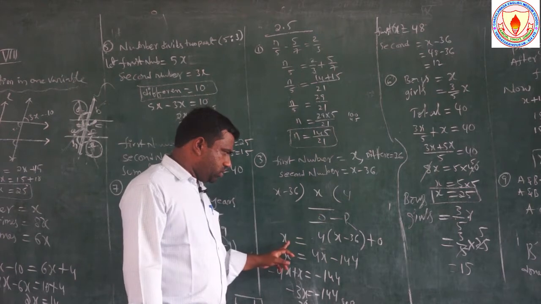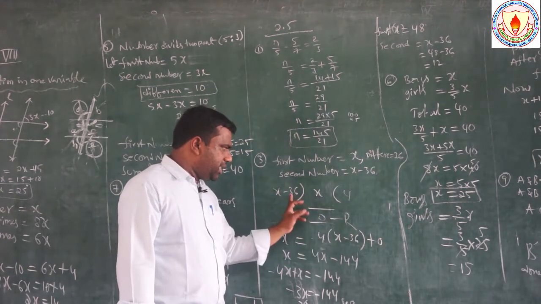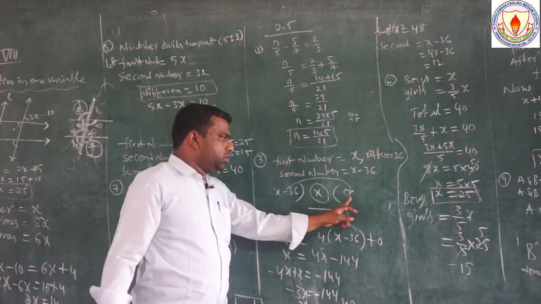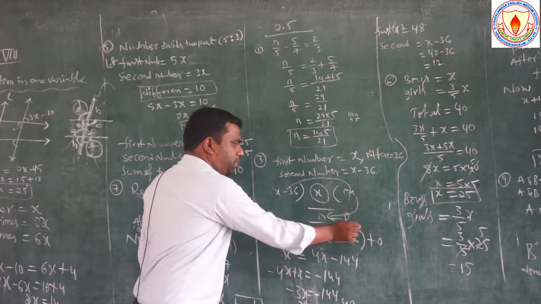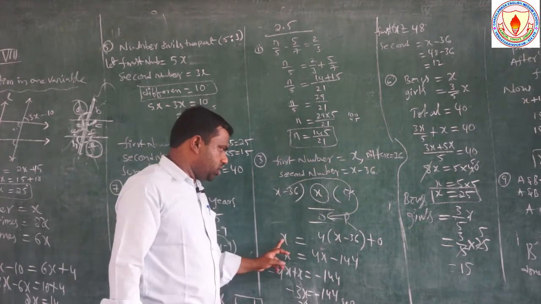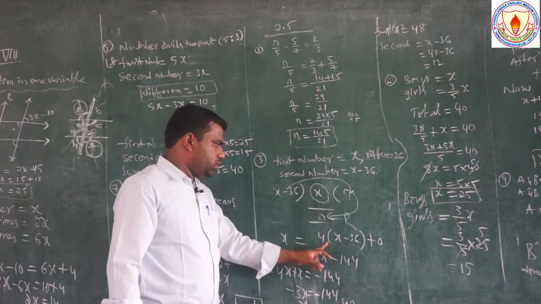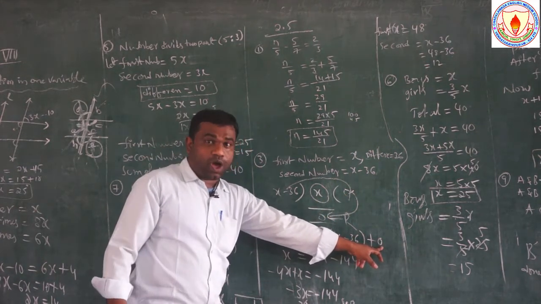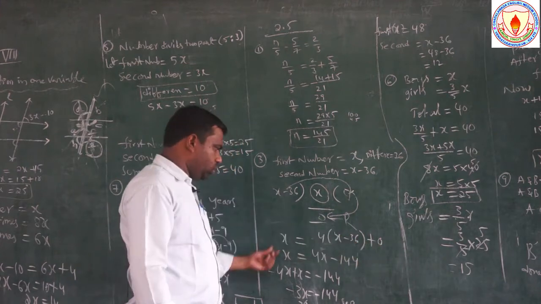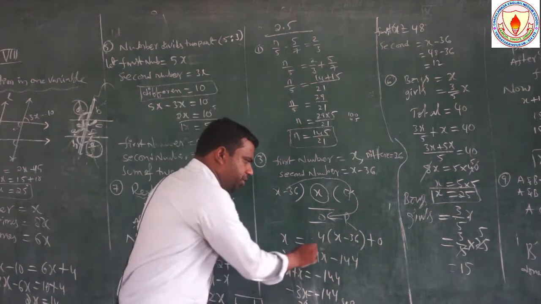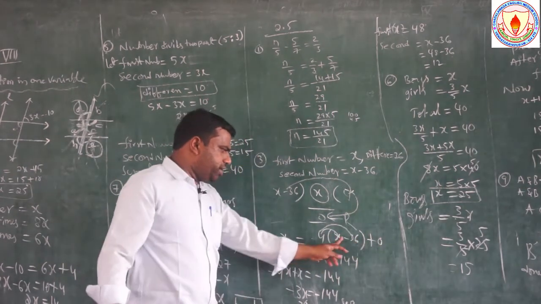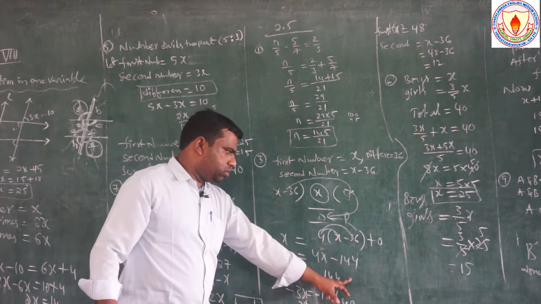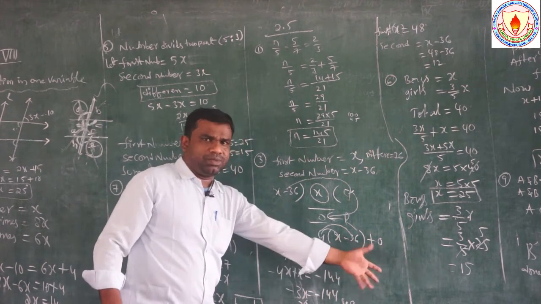Dividend is equal to divisor into quotient plus remainder. So x is equal to 4 into x minus 36 plus 0 remainder. Using the distributive law, 4 into x is 4x, minus 36 into 4 is 144, plus 0. Zero means nothing.